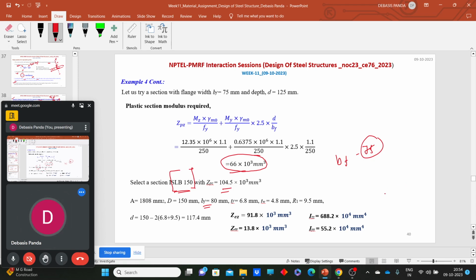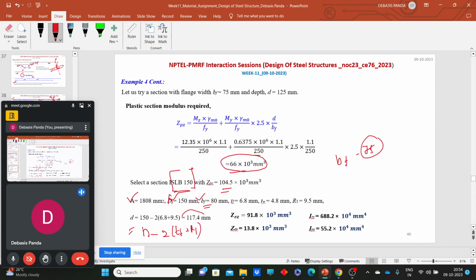For the section, the subsequent values like the cross-sectional area, the overall depth h, the bf, the tf, and all these values we have taken from there. Now precisely we can calculate the value of effective depth. What should be the effective depth value? This is nothing but h or d minus 2 into R1 plus tf, or tf plus R1.